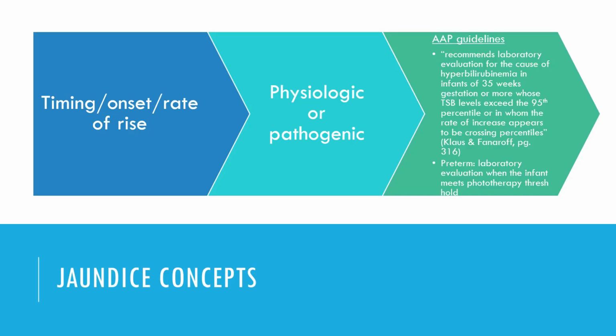Usually babies that have just physiologic jaundice, even if their bili is fairly high, even if they require phototherapy as treatment, are not going to be anemic. The anemia comes into play when you have a pathologic condition where you've got an extreme amount of hemolysis and the baby's bone marrow just cannot keep up in red blood cell production, and you've got anemia, low hematocrit, low hemoglobin, high reticulocyte counts.